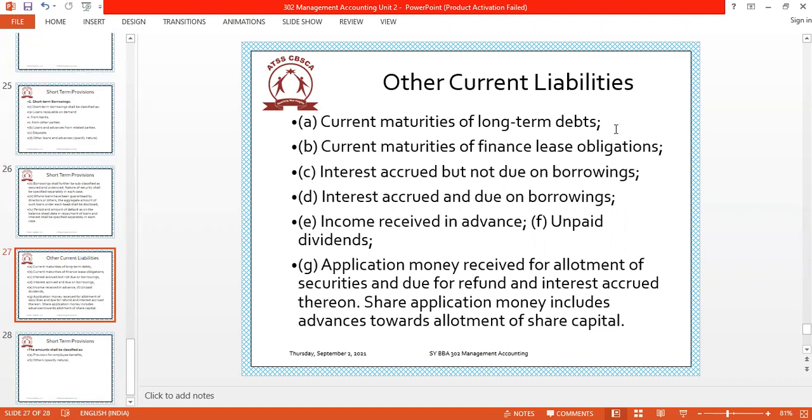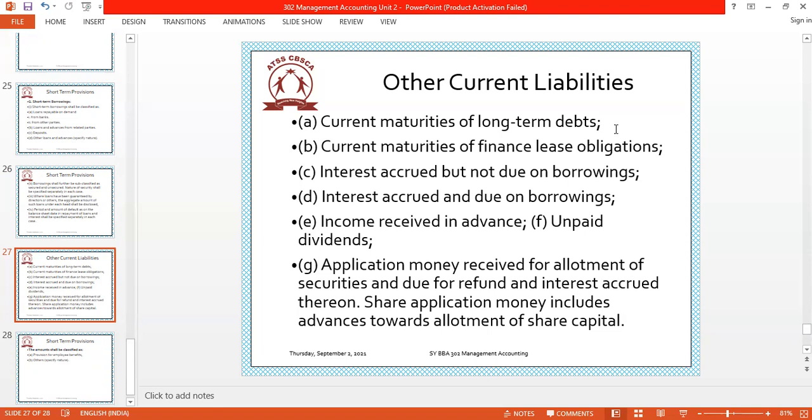Current maturities of long-term debts, current maturities of finance lease obligations, interest accrued but not due on borrowings, interest accrued and due on borrowings, income received in advance, unpaid dividends, application money received for allotment of securities and due for refund, and interest accrued thereon. Share application money includes advances towards allotment of share capital.